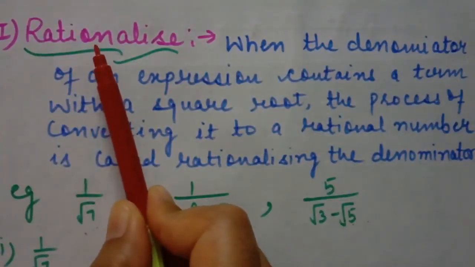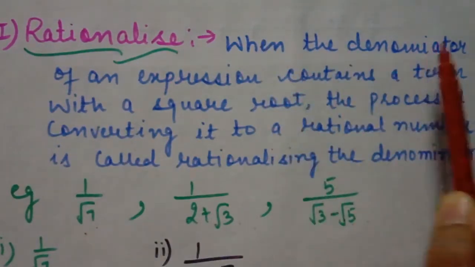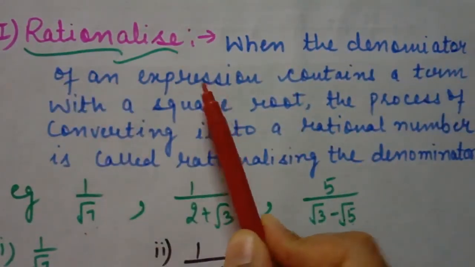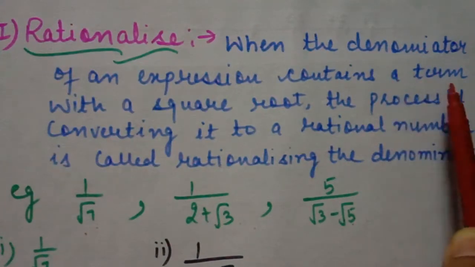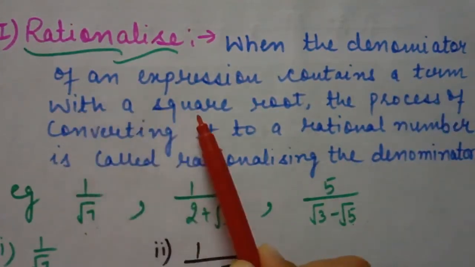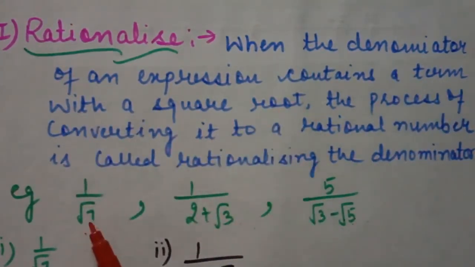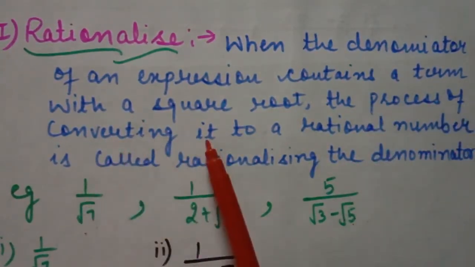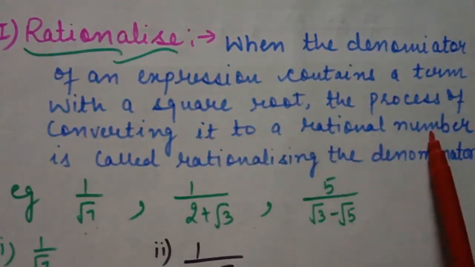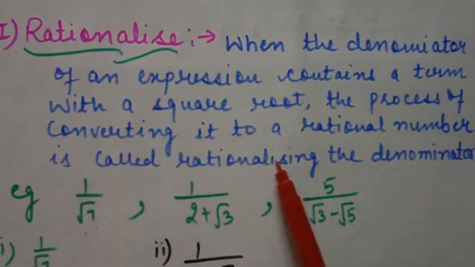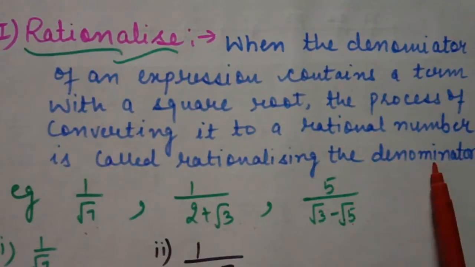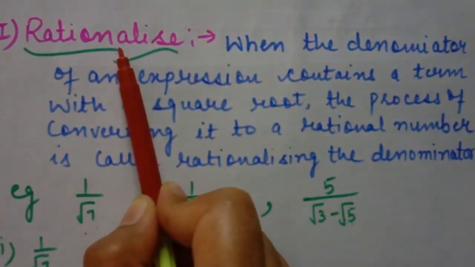First is rationalize. When the denominator of an expression contains a term with a square root, the process of converting it to a rational number is called rationalizing the denominator, or rationalize.